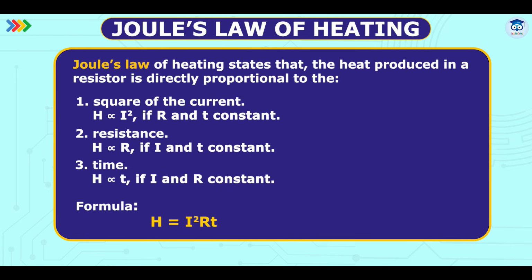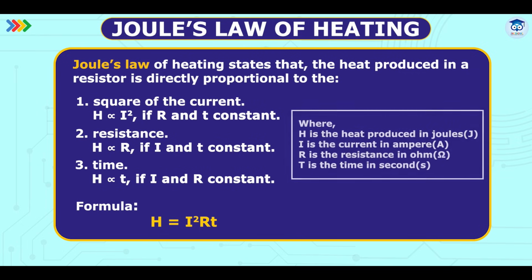This relationship can be expressed mathematically as H equals I squared multiplied by R multiplied by T, where H is the heat produced in joules, I is the current in amperes, R is the resistance in ohms, and T is the time in seconds. This indicates that as the current increases, the heat produced increases quadratically, since it is proportional to the square of the current.